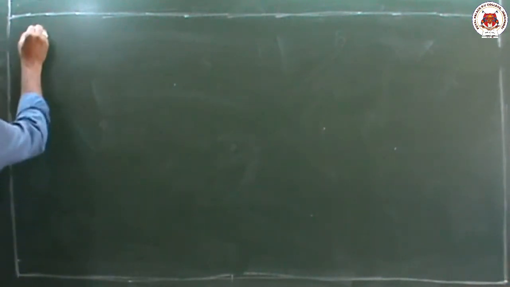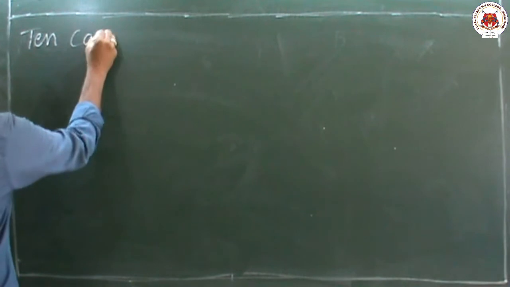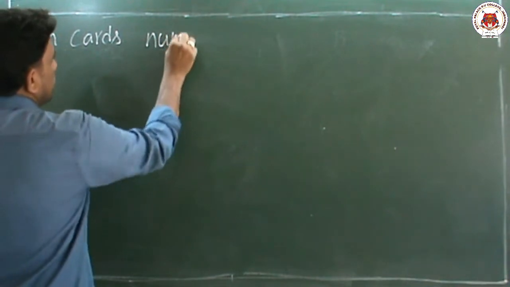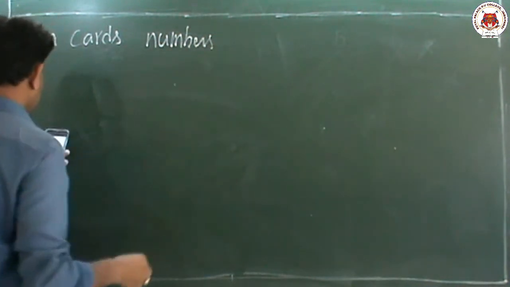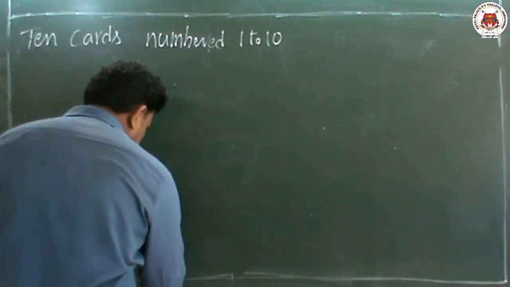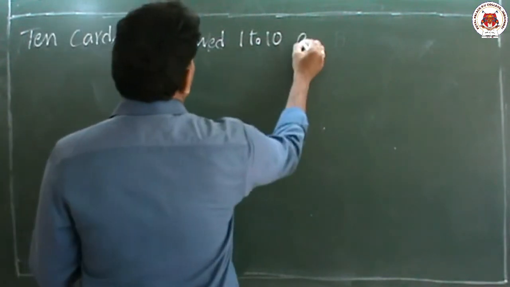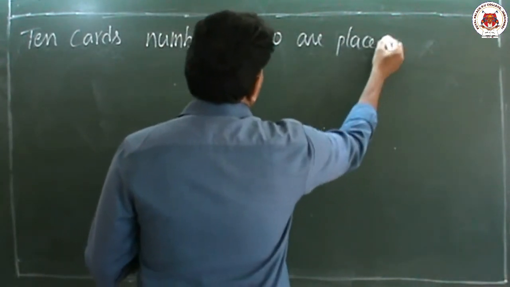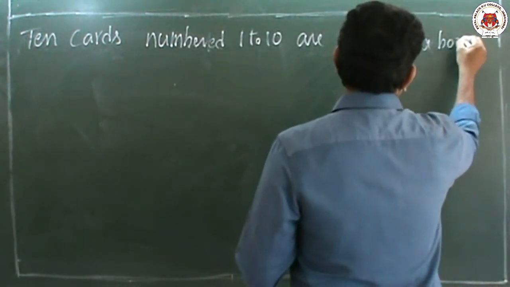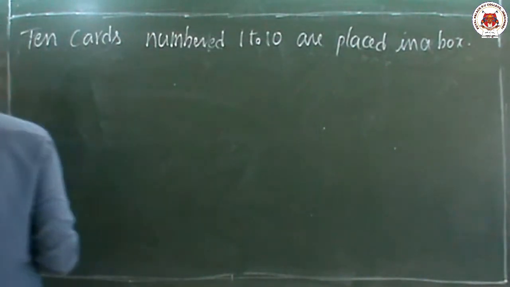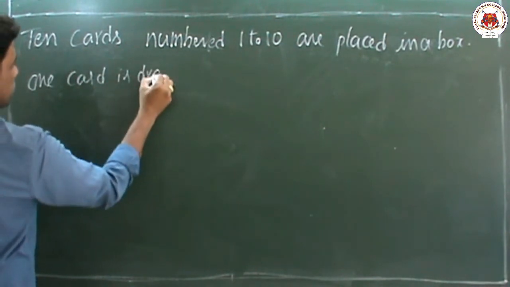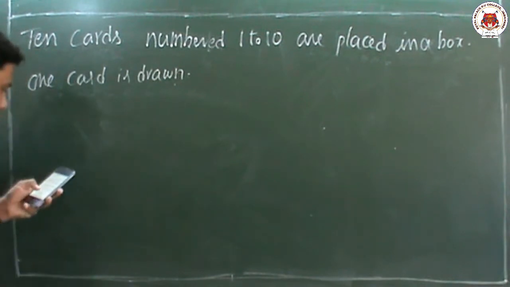The question is: 10 cards numbered 1 to 10 are placed in a box. One card is drawn.